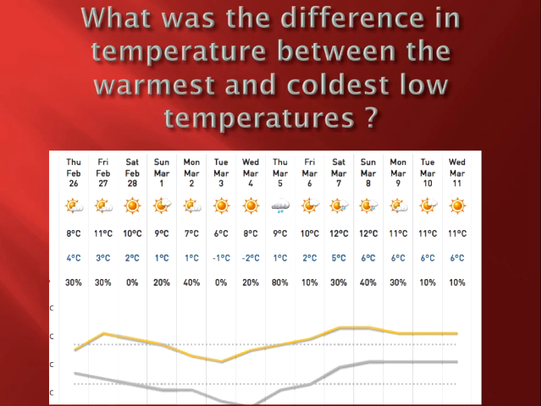So first of all, what we're looking at is a chart that I took off of weathernetwork.com this morning. This chart shows the temperatures starting tomorrow, since today's Wednesday, for the next couple of weeks.